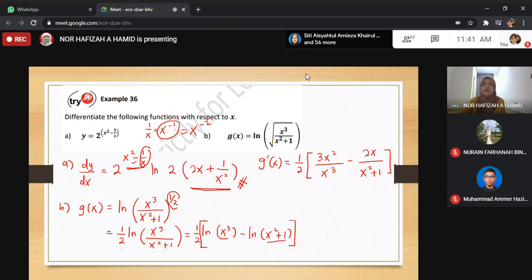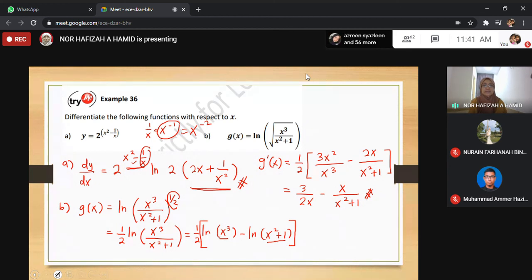Okay, so answers you boleh simplify. So you will have 3 over 2x minus x over x square plus 1. So ni answers for example 36b. Okay, next example 37.